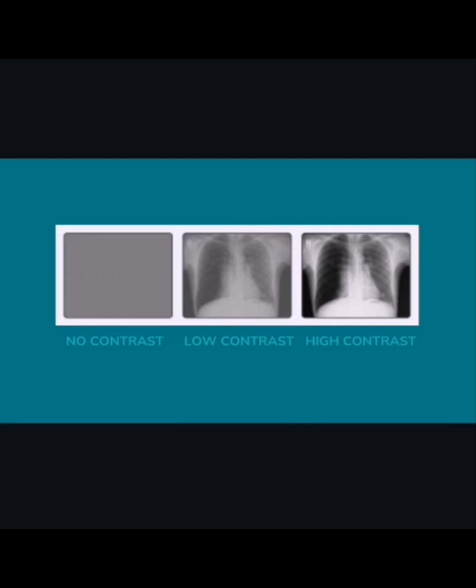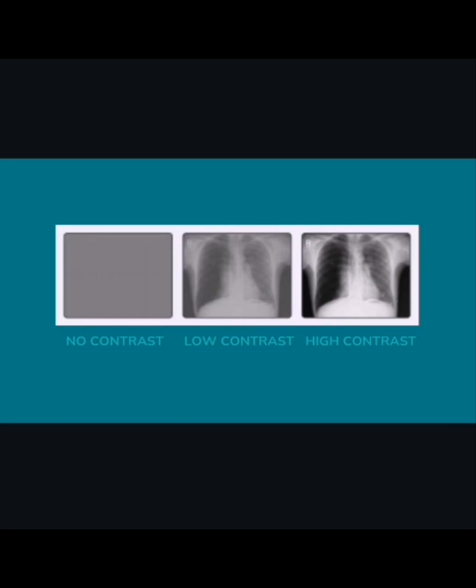And then the third image has high contrast. There are obvious differences in brightness level between structures, and here we can see something that we couldn't see in the other images.